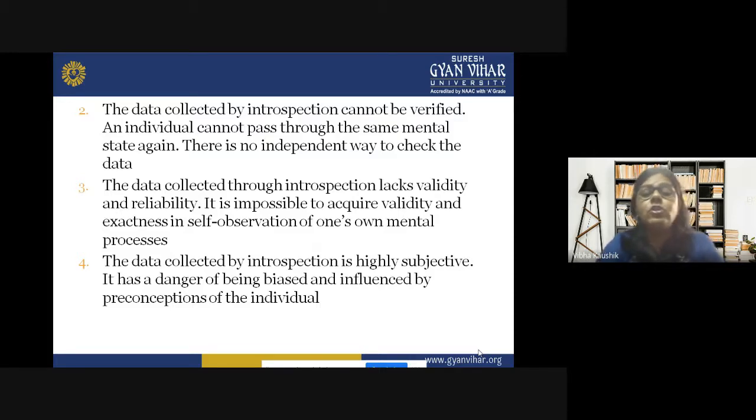It has a danger of being biased, and it must be influenced by the preconceptions and perception of the individual.